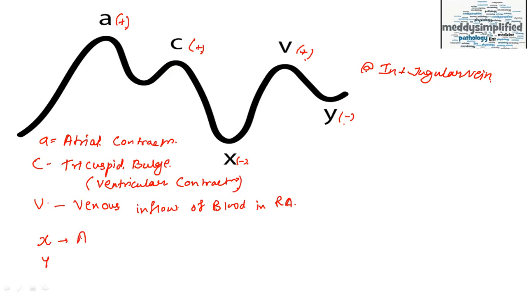So X occurs when there is atrial relaxation, and Y occurs when there is early ventricular filling, or you can say early diastolic filling.